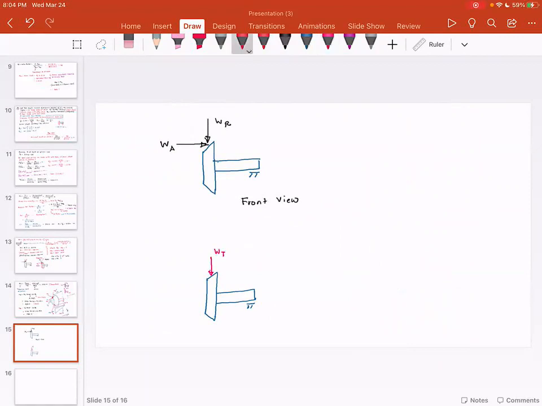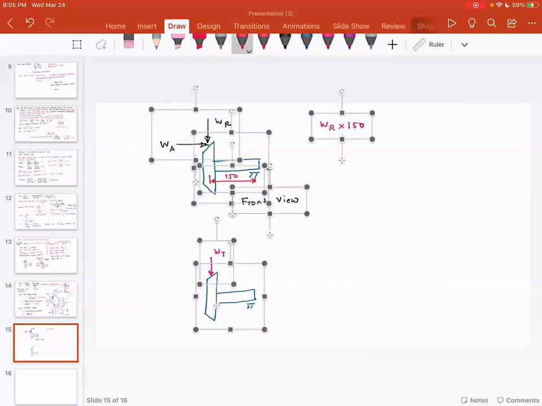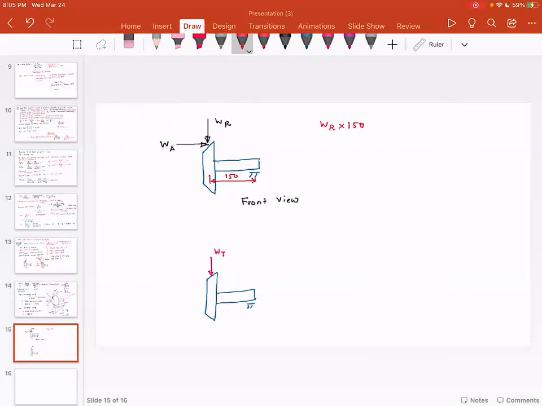So look at the moment given by WR. The moment given by WR is this distance, 150, which is WR multiplied by 150. And look at the direction of the moment. This moment is given in this direction. However, look at the moment that is given by WA. WA is at distance RP, so this is given in this direction, WA times RP.